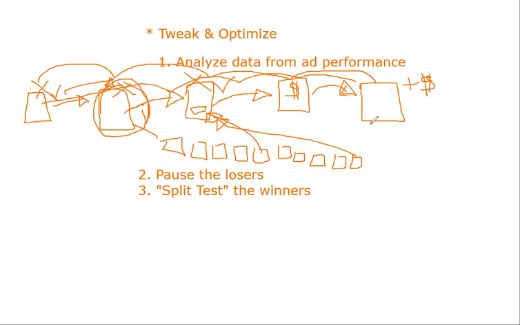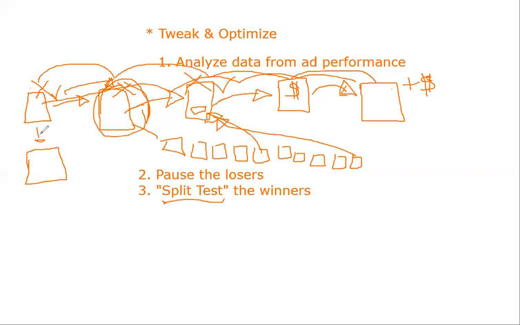So anyway, to clarify, one more thing I want to say, what does split test mean? Basically, any element here, we can create a duplicate. How it works is an ad or a page, anything in here, we can duplicate it, and it's a complete carbon copy clone of that element, but we're only testing one thing.